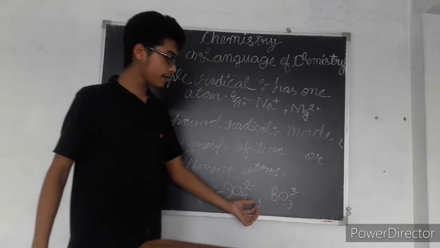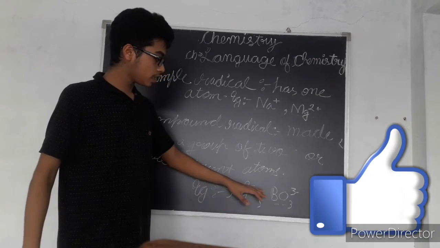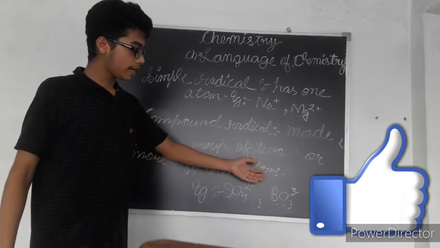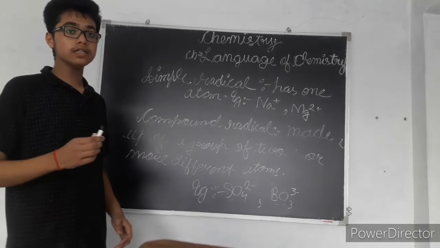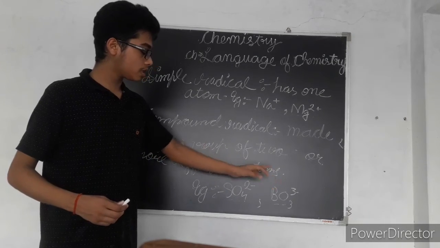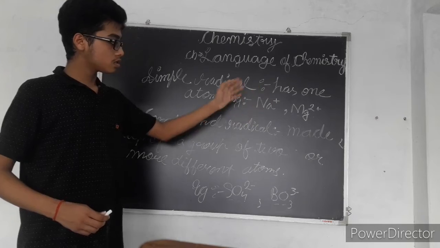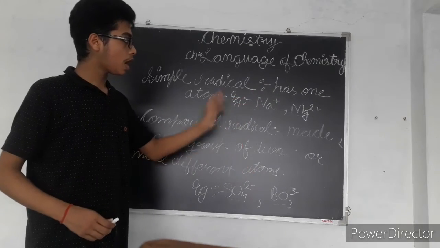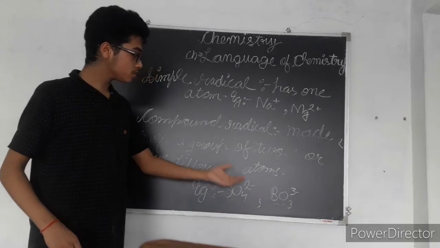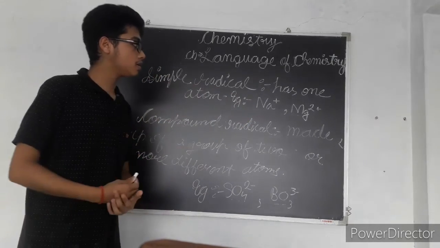Here also there are two different atoms and they are showing negative charge. They are radicals because radicals have charges on them. So these are compound radicals since they have different atoms. Na and Mg have only one atom, so they are simple radicals.